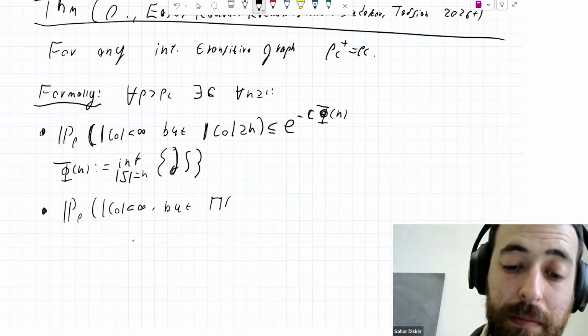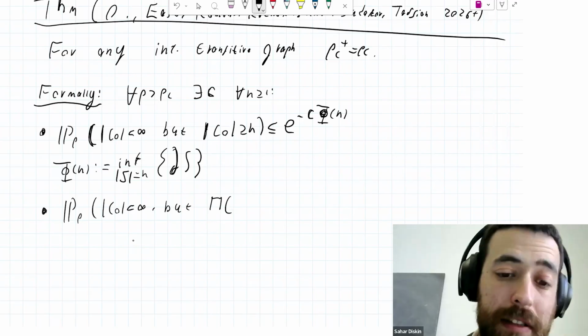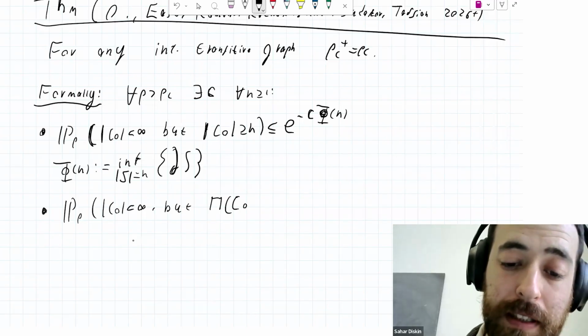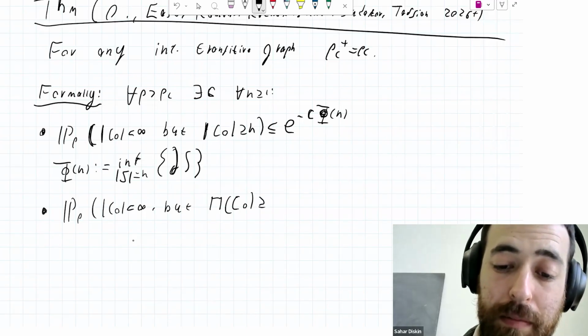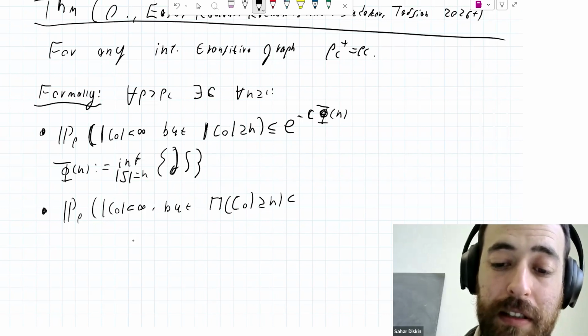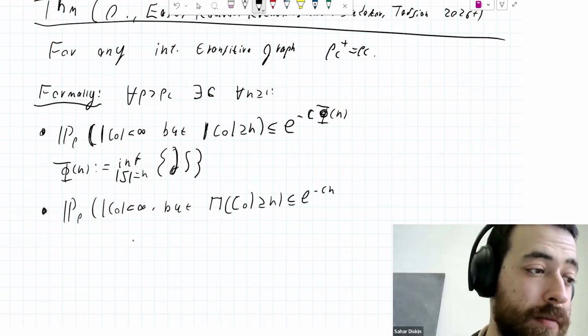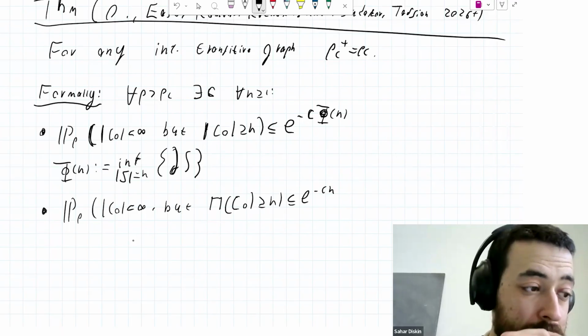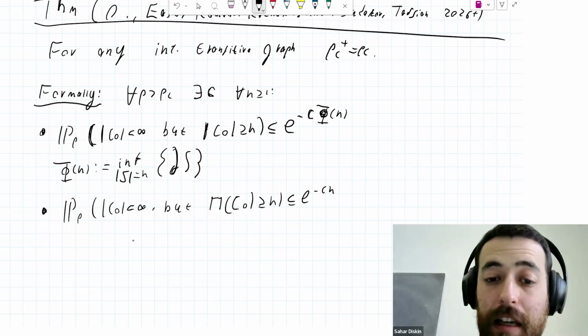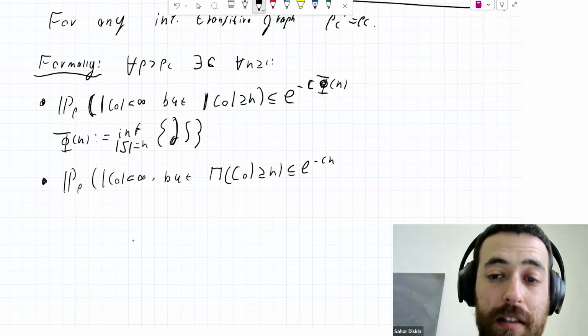Let me call it pi, which will denote a cut set, but I will tell you what it means exactly in a moment. Pi of C0 is at least n. This is at most exponential in minus Cn. Okay. Now, what is this pi?